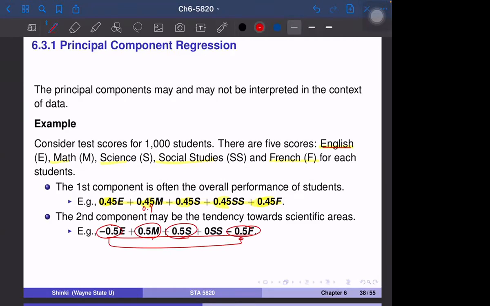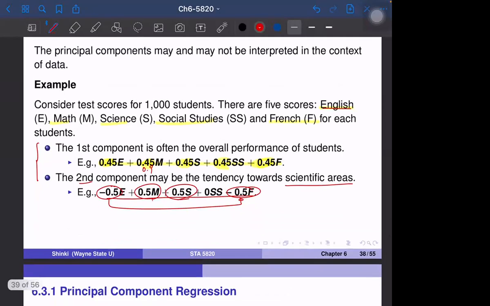If such a tendency exists, then the second component may be a tendency towards scientific areas. But if the coefficients are different, then sometimes we cannot really give an interpretation. So it is really subjective, not logical or mathematical. But often we can interpret the first one or two principal components.